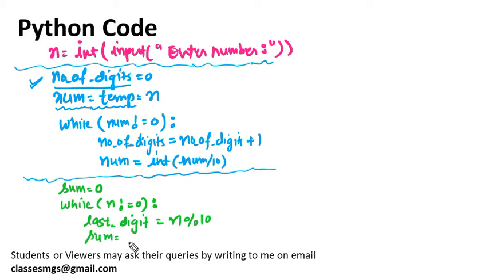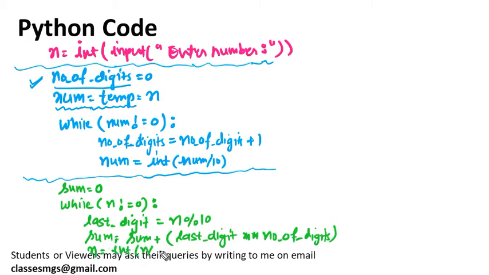Sum equals to sum plus the last digit, double star, and then you will write the number of digits, and then you will update this, keep on decrementing this number. n equals to n divided by 10, or let's write it with the int method, because otherwise it will be float and your loop will never terminate. int of n divided by 10.